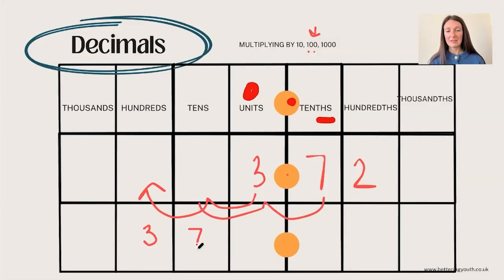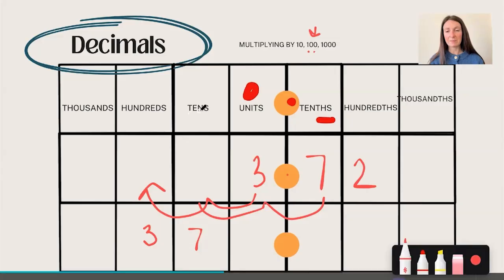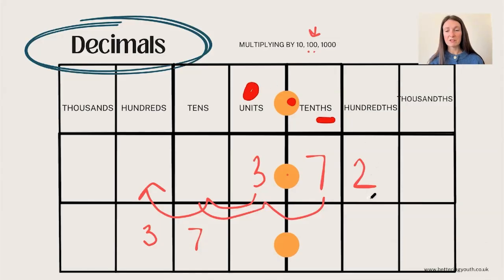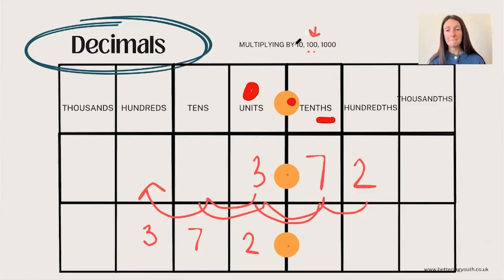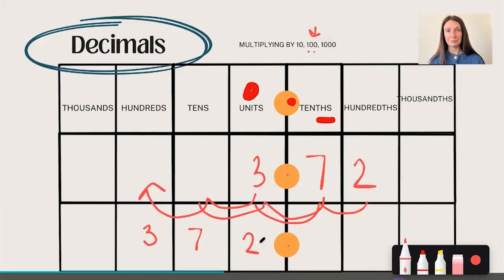So that 7 now lives in the tens column. That 2 moves from the hundredths to the tenths and lands in my units section. So now I can see that 3.72 multiplied by 100 results in 372. Now you may be wondering, why do we need to know this skill?